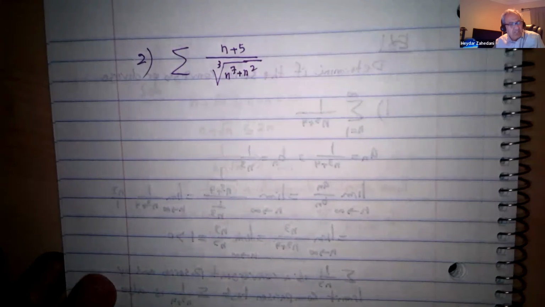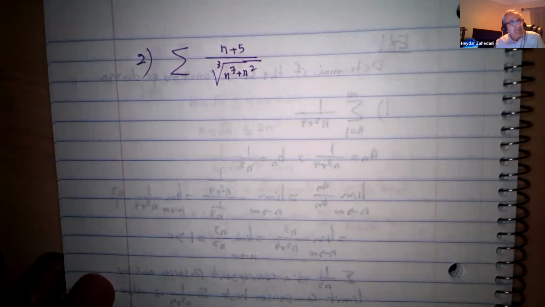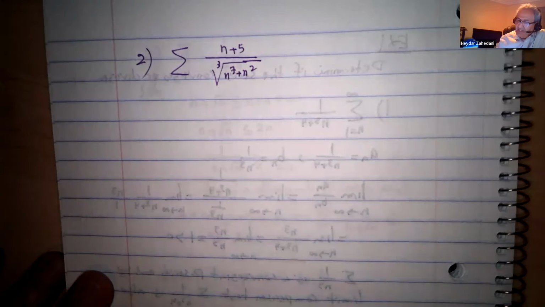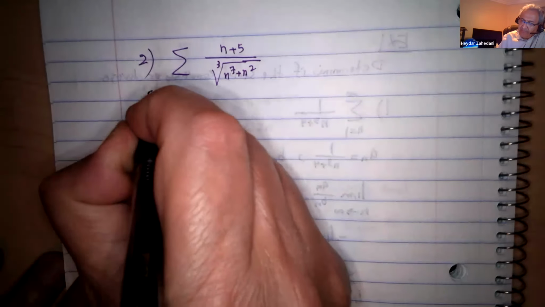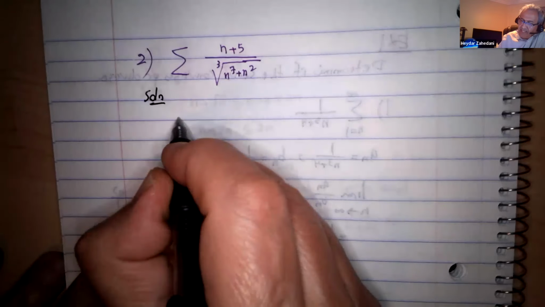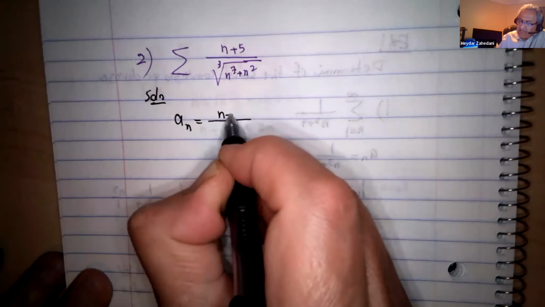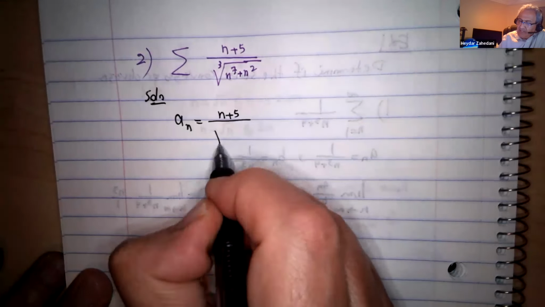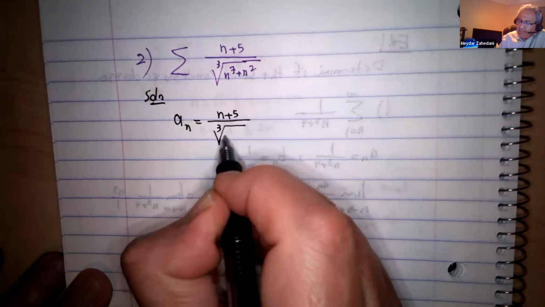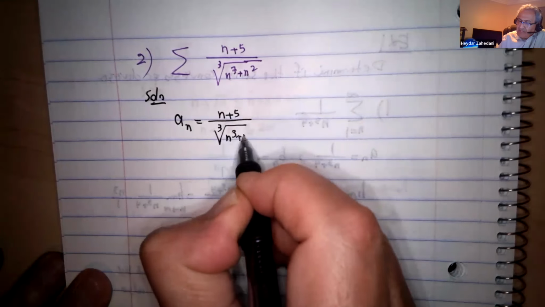You want to see if this series is convergent or divergent. This is your an: an equals n plus 5 divided by the cube root of n to the 7 plus n squared.